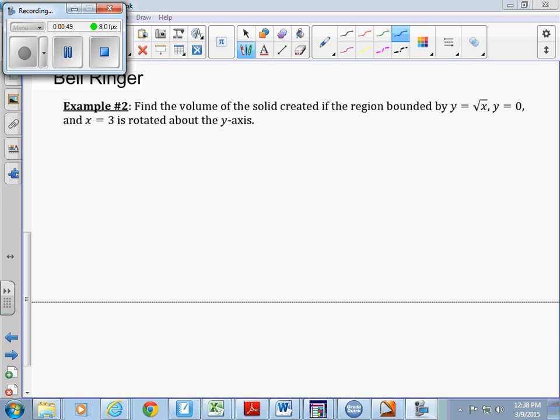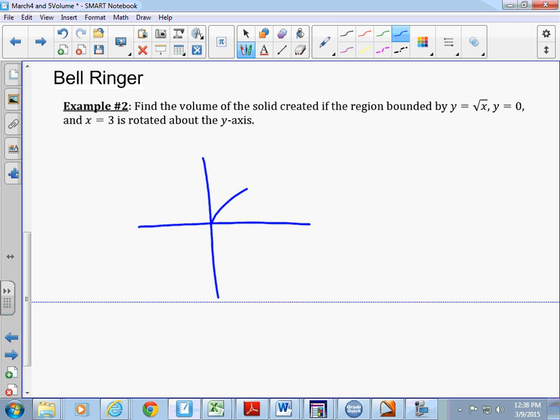Okay, so find the volume of the solid created if the region bounded by the graph of the square root of x, y equals 0, and x equals 3. So this region, if we take that and rotate it around the y-axis, so we're spinning around the y-axis.